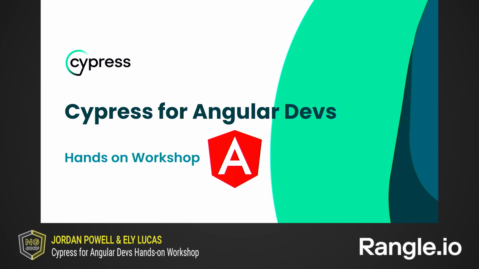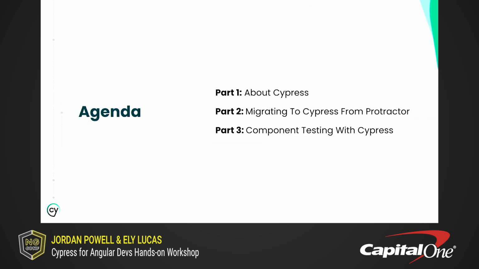Today's talk is going to be Cypress for Angular devs, a hands-on workshop. We broke today's workshop into 3 parts. The first part is going to be a little intro about Cypress. Most of you have probably heard of or used Cypress, so we're going to keep this pretty brief, but wanted to highlight it if you're not familiar with it, or as a good refresher for those of you who are using it, covering some of its features.